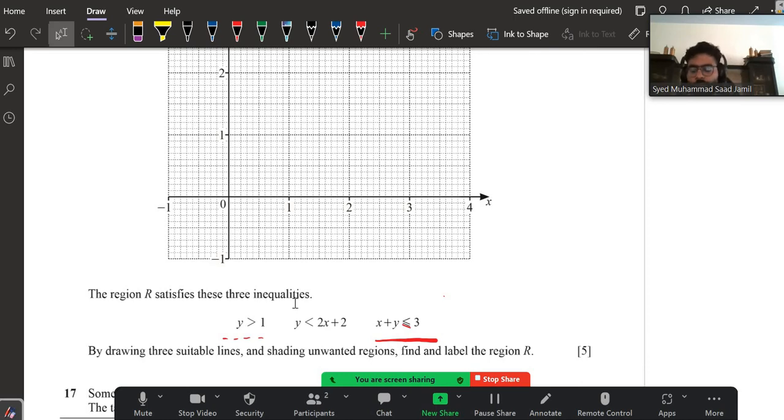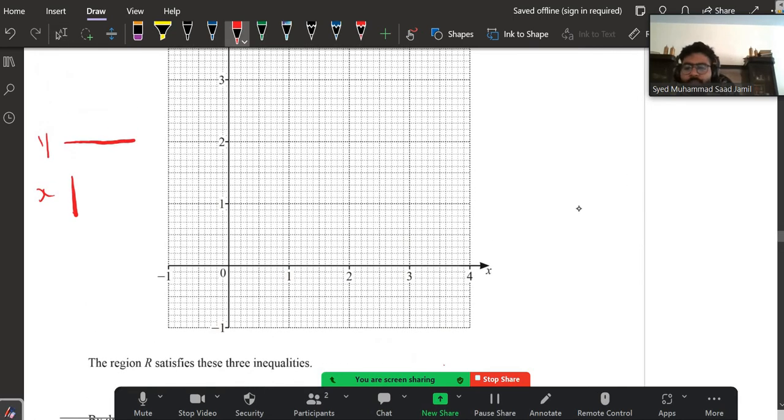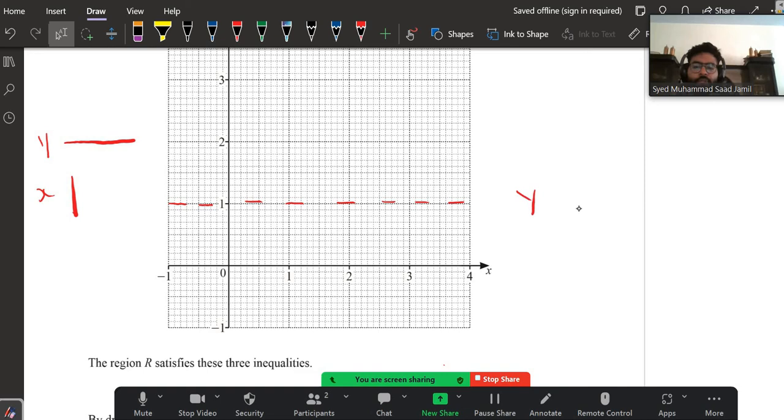So the first part is y is greater than 1. Always remember that for y you make horizontal lines and for x you make vertical lines. So y is greater than 1 means this line. Also, just a tip, always mention the line you make so that it makes your life easier. Y is greater than 1 means above 1.